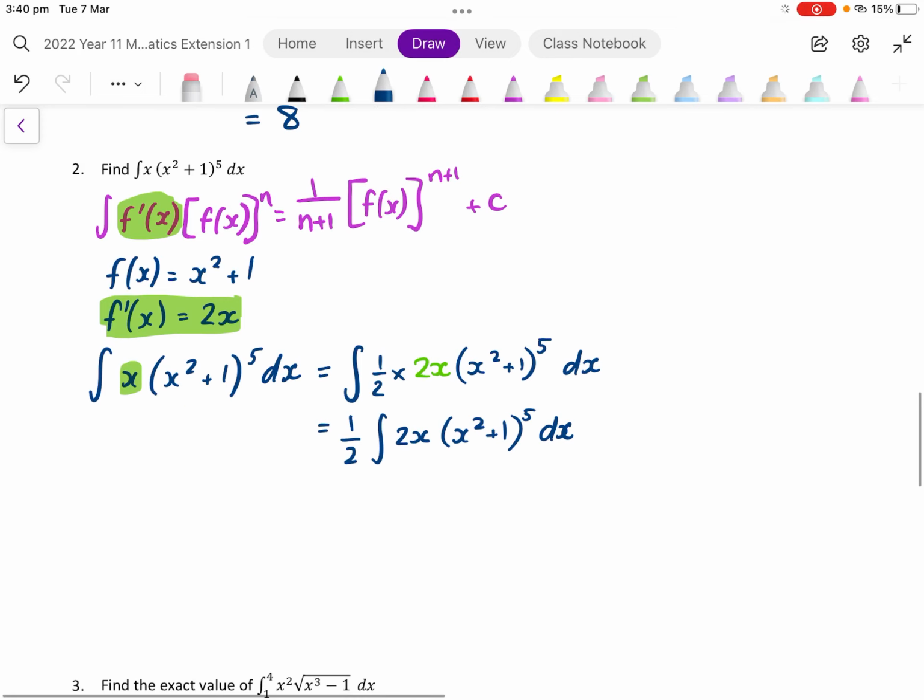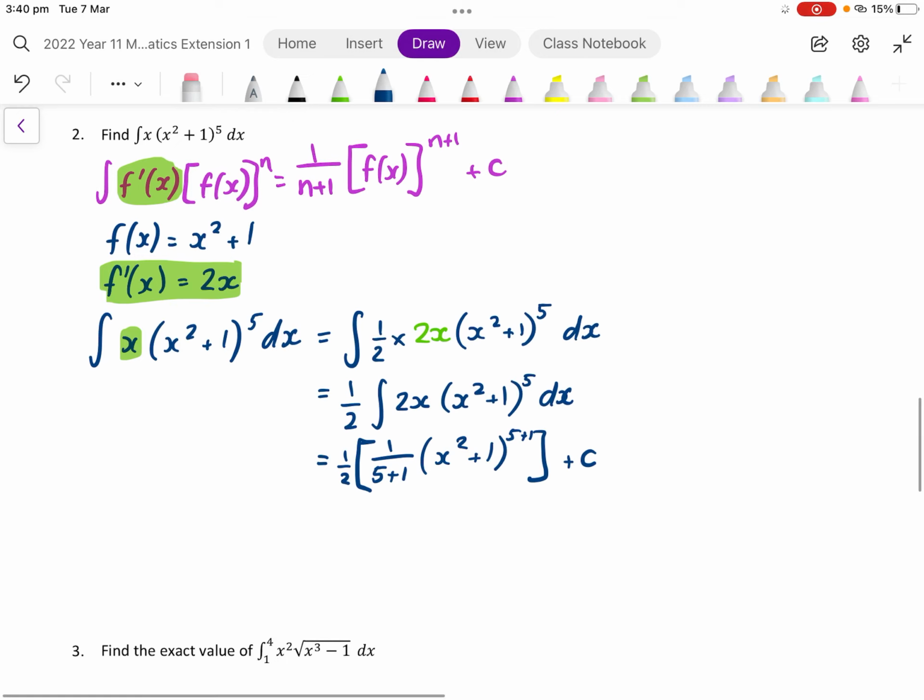What we do now is find the integral by leaving the half out the front. So we're going to have a half times 1 over n plus 1, where n is 5, lots of (x squared plus 1) to the power of 5 plus 1, and we will just have our plus c on the end.